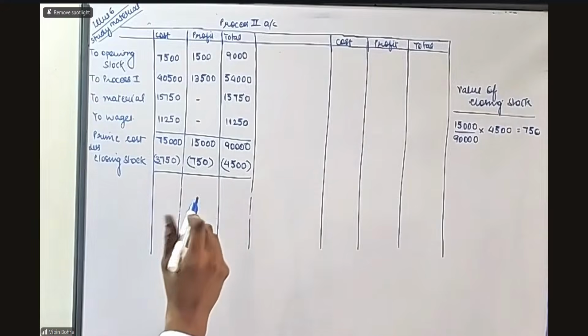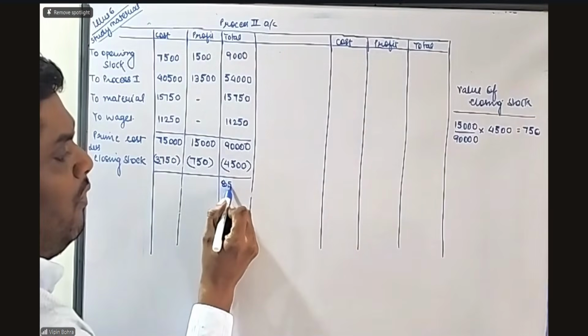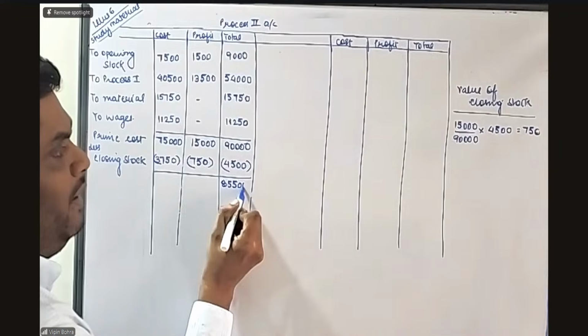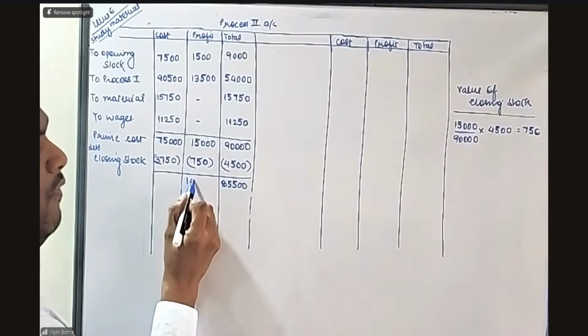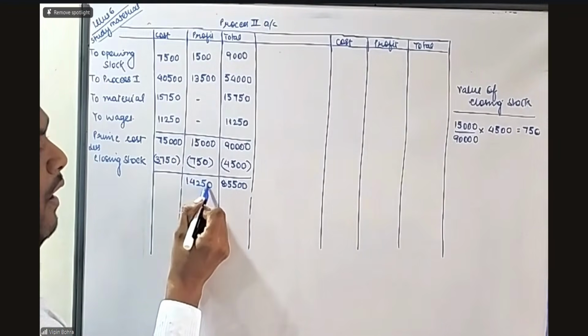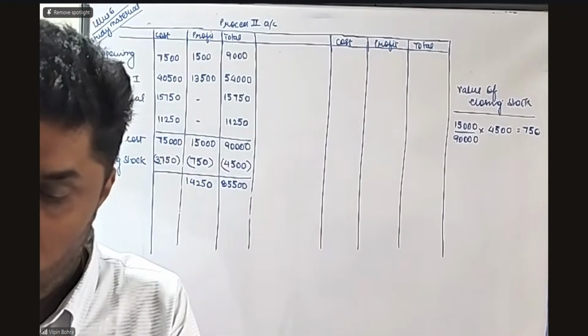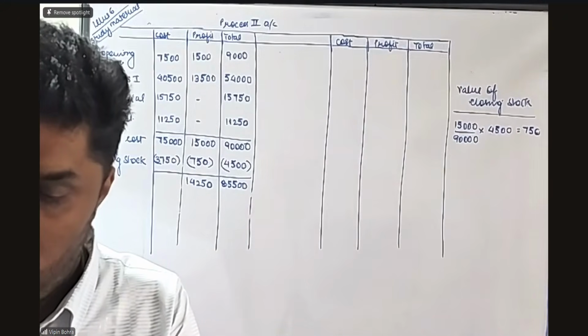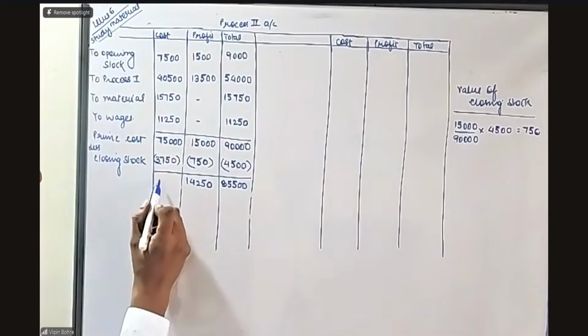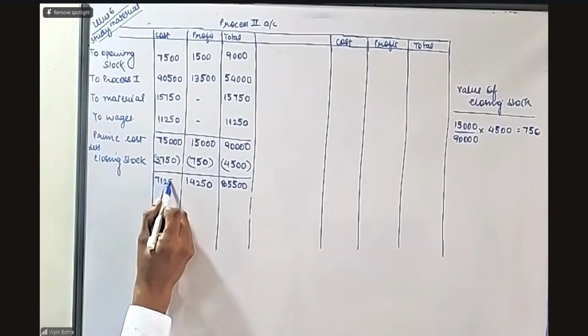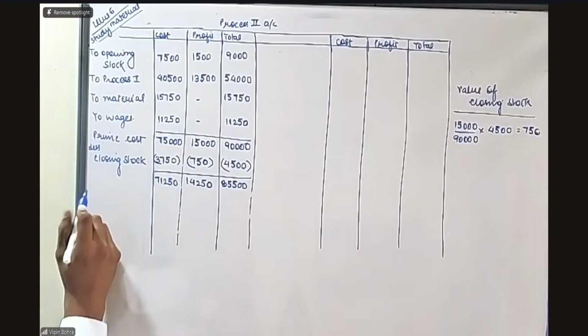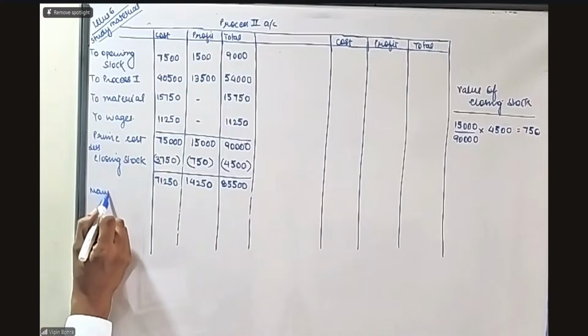So my net amount will be how much? 85,500, 14,250, and my cost will be how much? 71,250. In this, we will add all the manufacturing overheads.